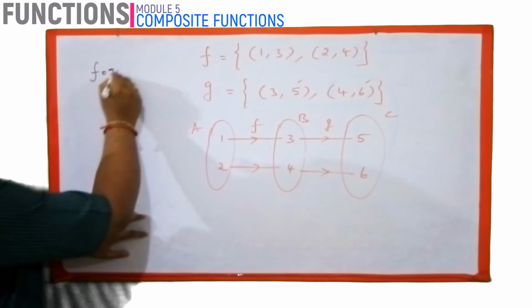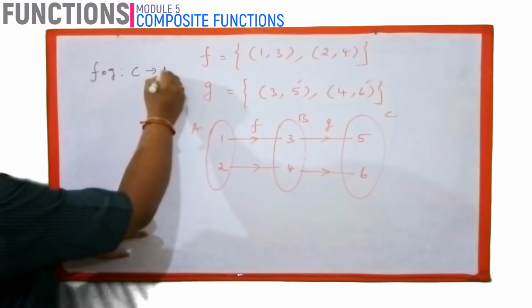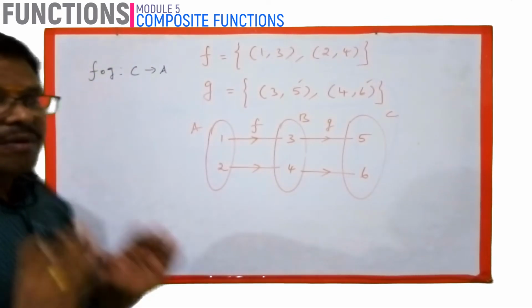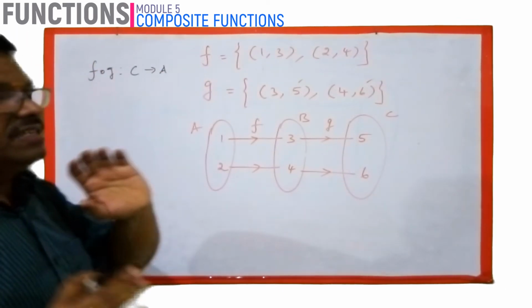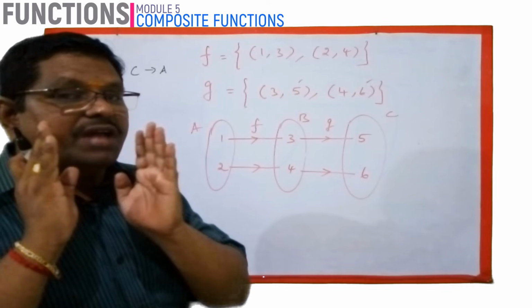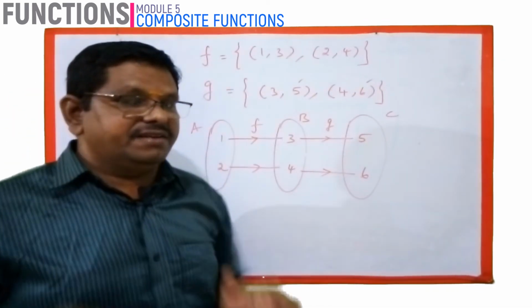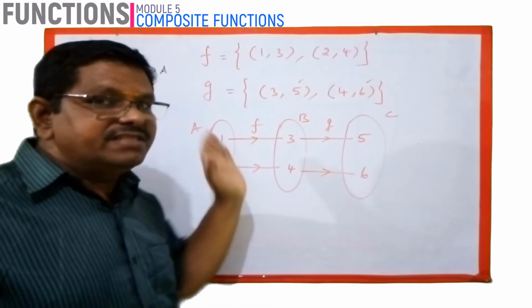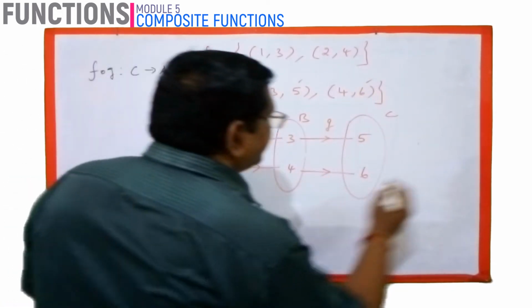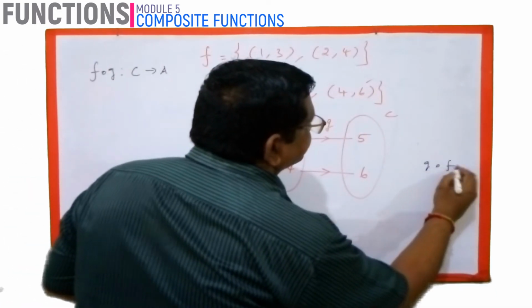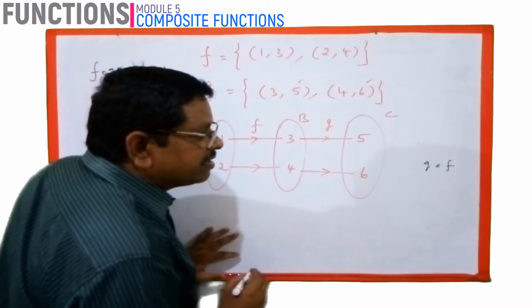It is from C to A. So remember, when you are finding f composite g or g composite f, we should keep this condition in mind. When we are finding g composite f, what must be equal?